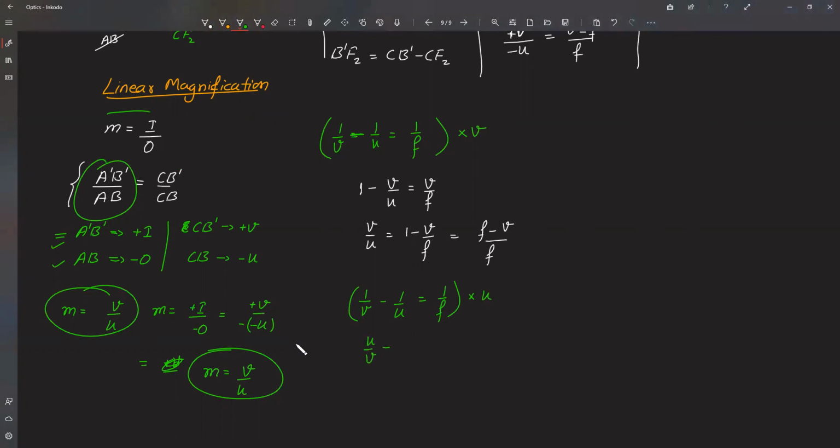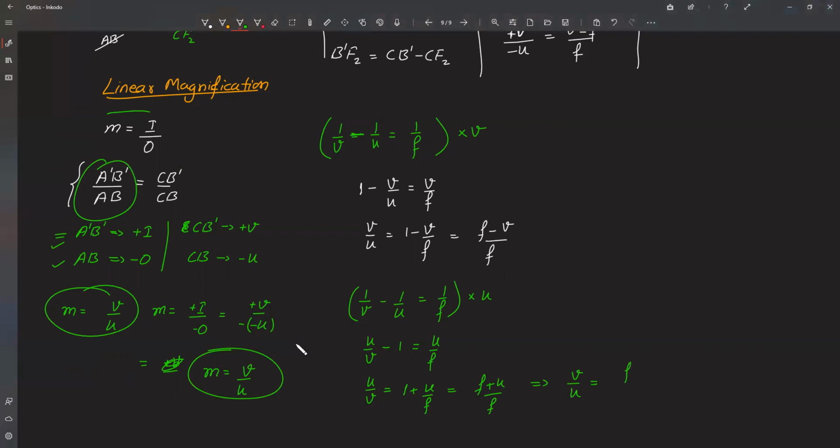You will get U by V minus 1 is equal to U by F. So U by V is equal to 1 plus U by F, which is F plus U divided by F. Then you inverse it, because it is V by U. I think there was some problem in the sign earlier, but anyway, U by V is equal to 1 plus U by F, so F plus U by F. So from here, what is V by U?